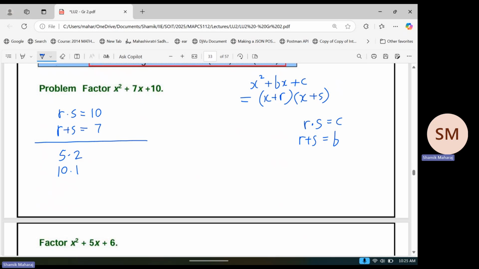Now from these two, we need to find one that works for the second equation, the pair which adds together to give us 7. Which of these can I add together to give me 7? The first one, right? So that's why we take the first one. So in other words, the first one satisfies both equation 1 and 2. Then we can just write our final answer as x plus 5, x plus 2. That's just standard form. All right.